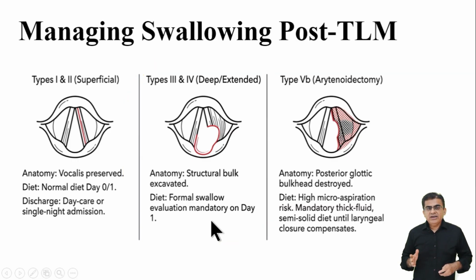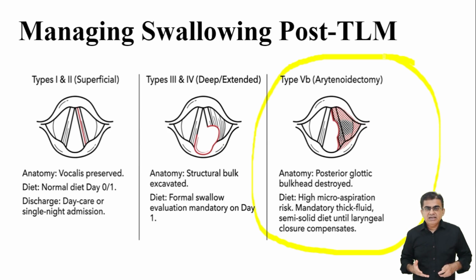Finally, look at type 5B resections on the far right. This specific surgery involves removing the arytenoid cartilage. This creates a highly dangerous functional situation for your patient. By removing the arytenoid, you have essentially destroyed the posterior glottic bulkhead.